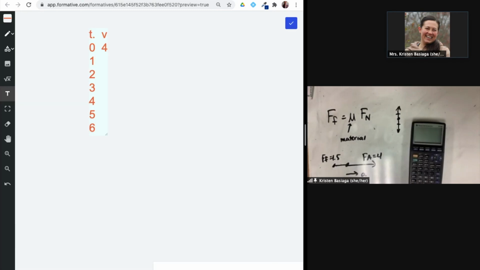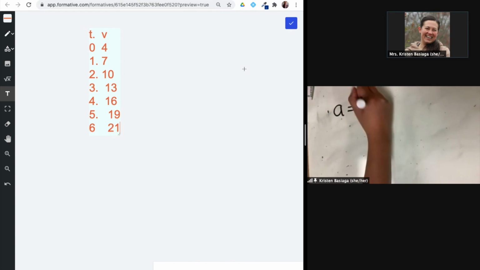And for every second of time that passes, it goes 3 meters per second faster. I could do this by repeated addition. 4 plus 3 is 7. 7 plus 3 is 10. 10 plus 3 is 13. 13 plus 3 is 16, 16 plus 3 is 19, and 19 plus 3 is 21.